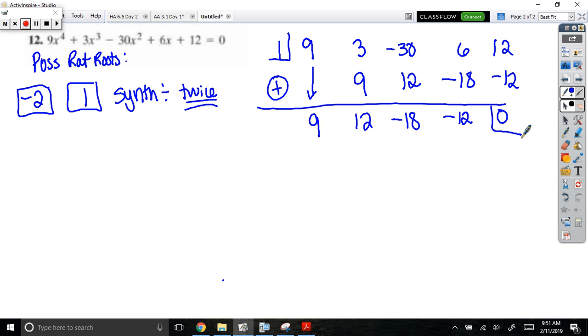And again, we should be getting a remainder of 0, which we have done. Now, if you put the variables back in, this is going to be our constant, linear, quadratic, and cubic. You cannot factor a cubic yet.